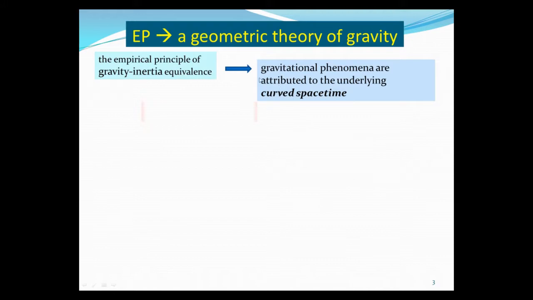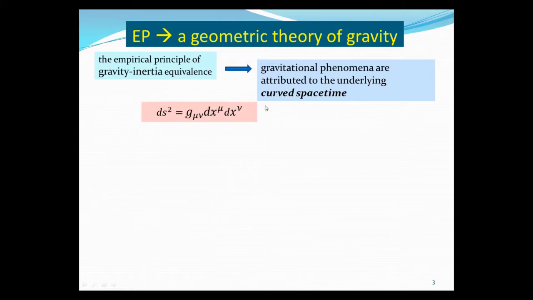So let me say it again, going from the equivalence principle to GR: the equivalence principle is the empirical principle that finds equivalence between gravity and inertia. And the geometric theory attributes the gravitational phenomena to the underlying curved space and time.